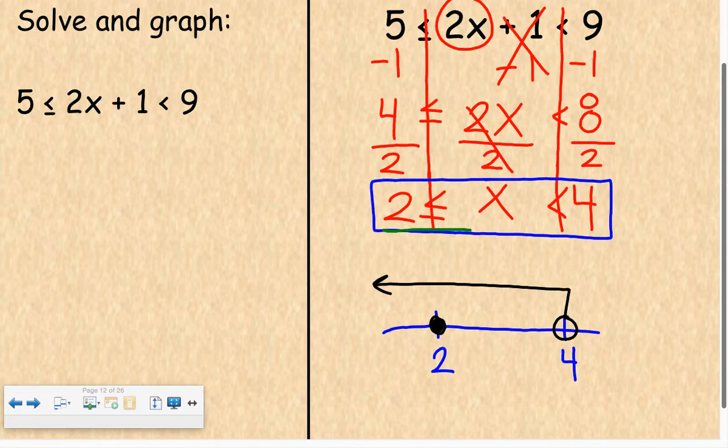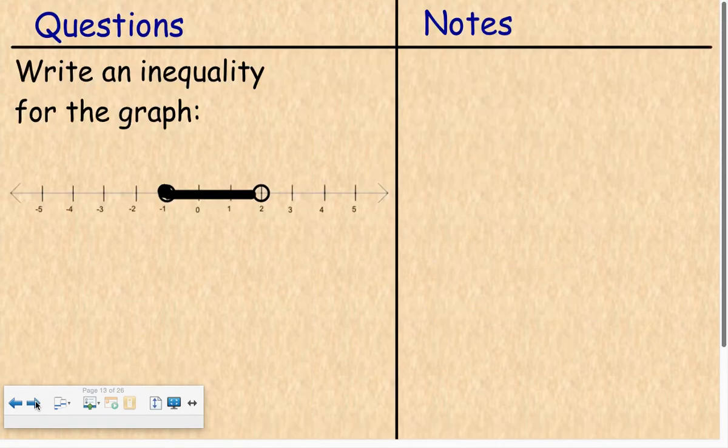If I rewrite this one, x is greater than or equal to 2, so that'll go this way. And then I'm just going to erase where they don't overlap. It should be an interval, which it is. We're shading from 2 to just under 4.